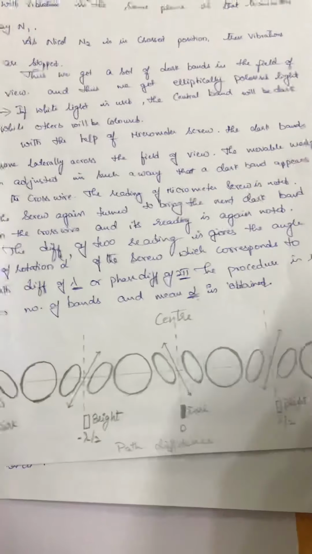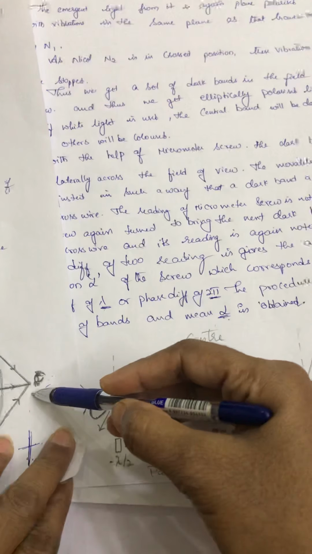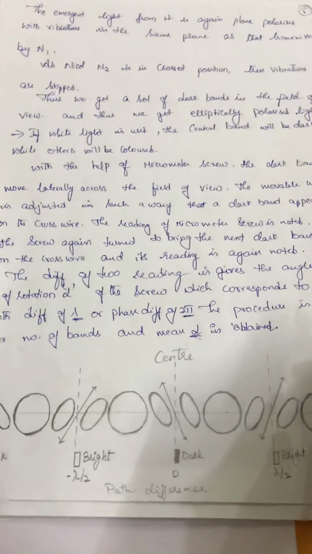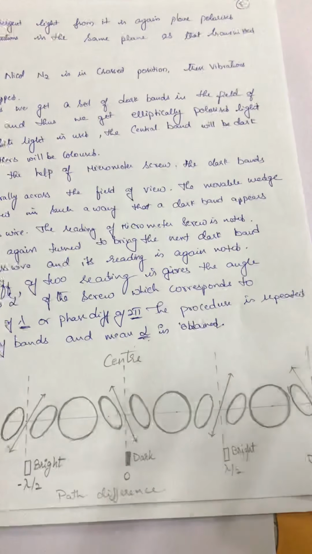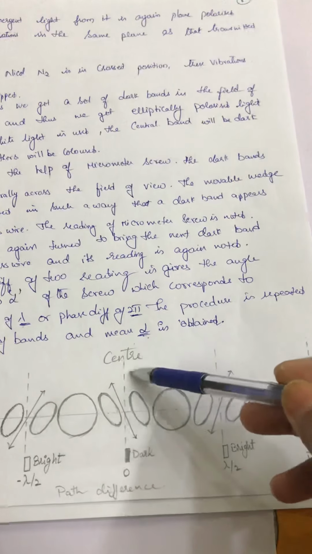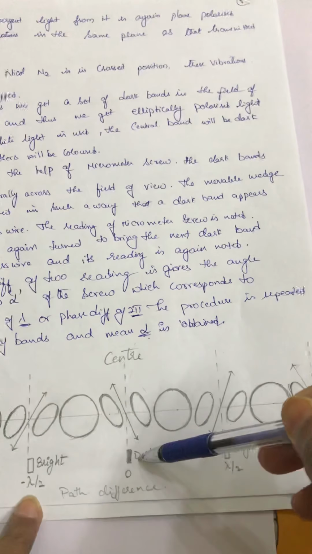I told you we have a field of view with some dark bands. This is the diagram of those dark bands. This is the center one, the dark band.